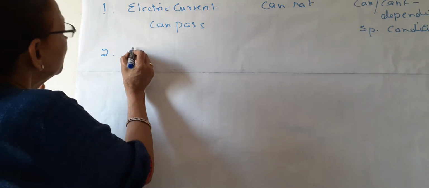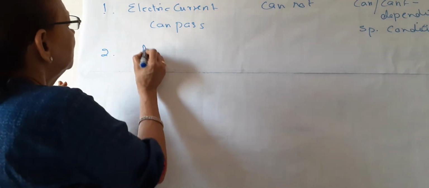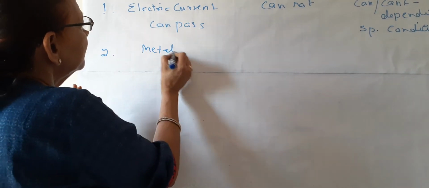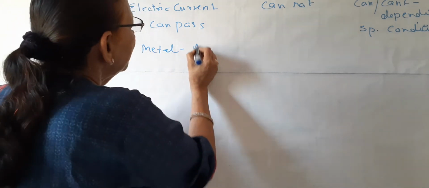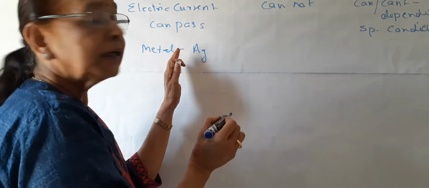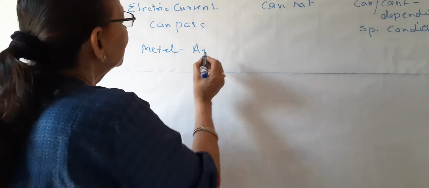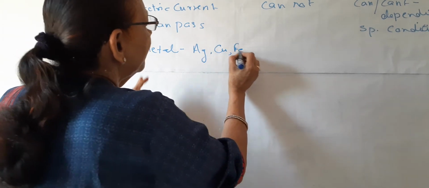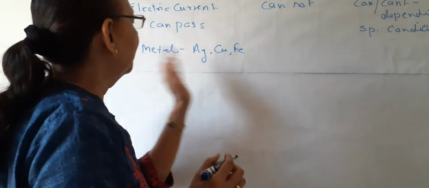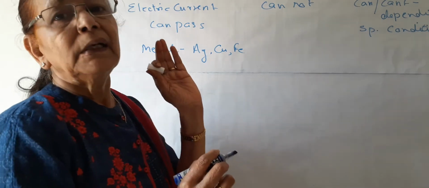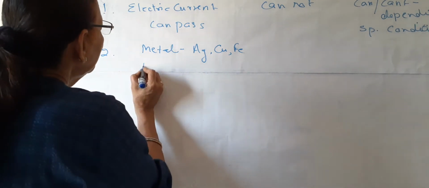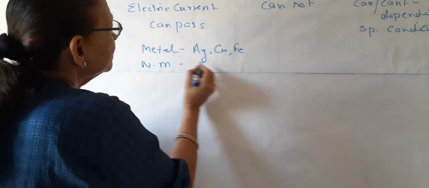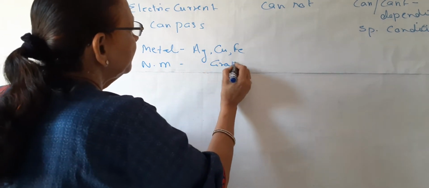Second is examples. Mostly metals. The best conductor in metals is silver, then copper, then iron. Most of the metals are conductors of electricity. Now in non-metals, the best example is graphite.